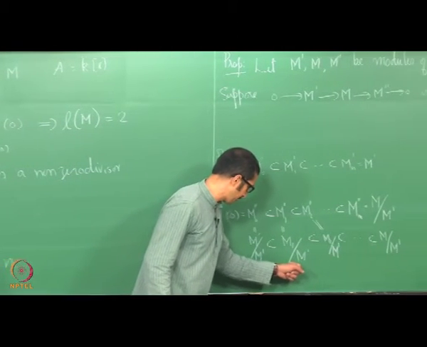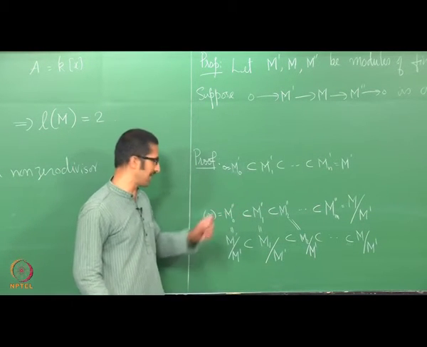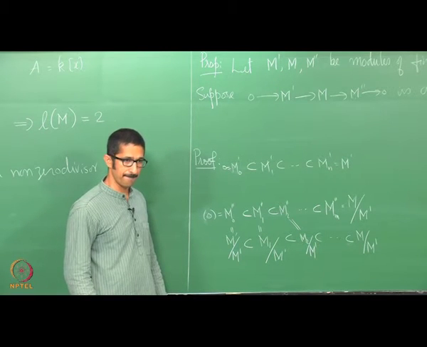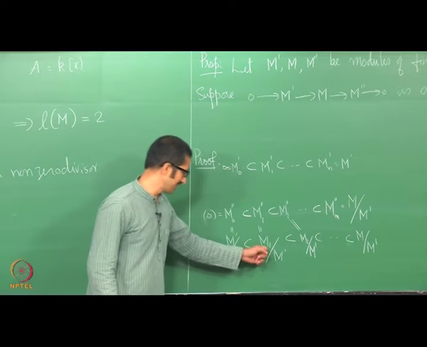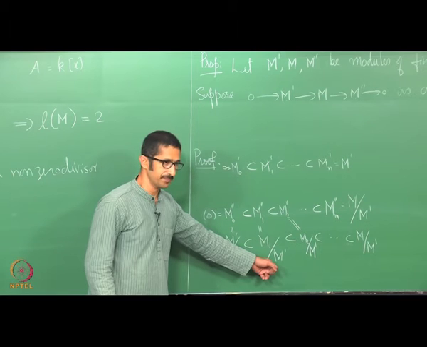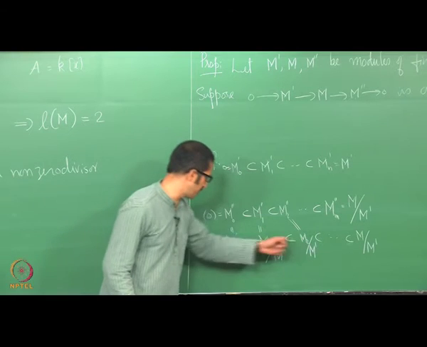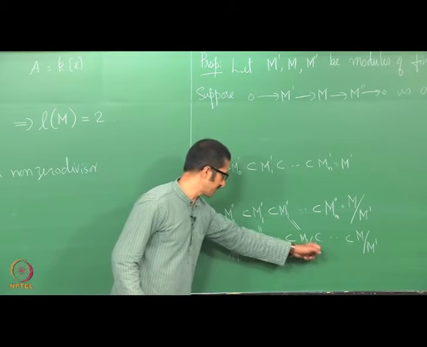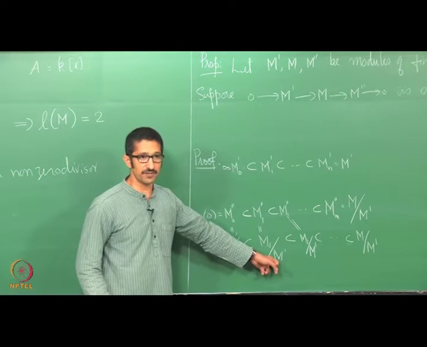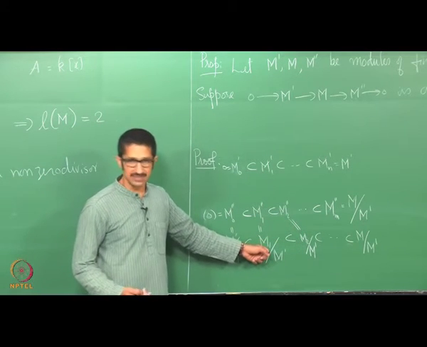Now look at this quotient, M1 double prime mod M naught double prime. What is that? This is the same as M2 mod M1, which is the same as M2 mod M prime mod M1 mod M prime. Therefore that is simple. M2 mod M1 is simple.